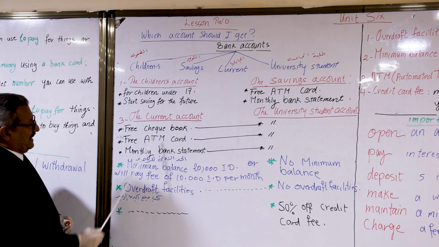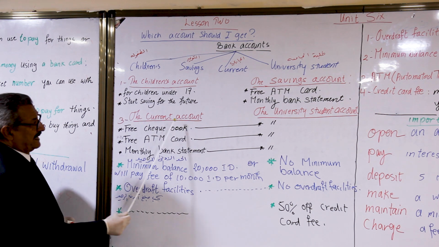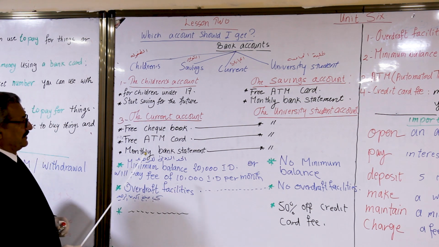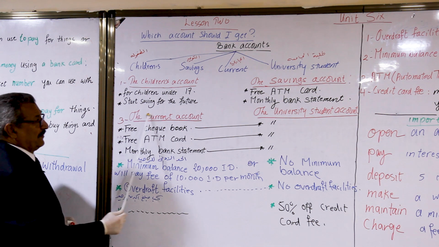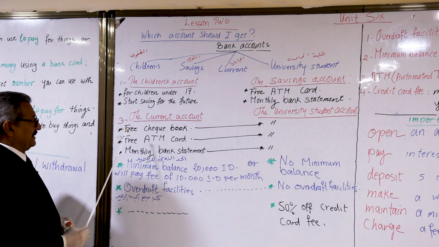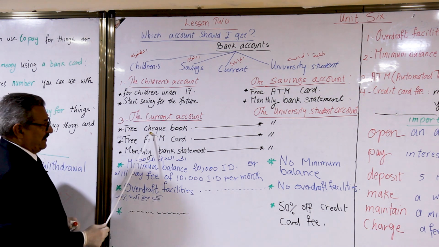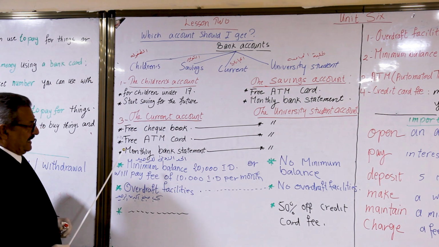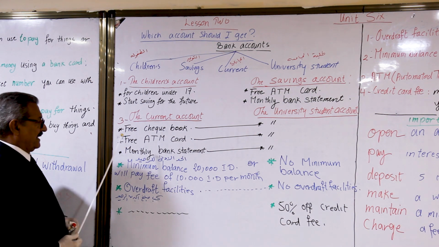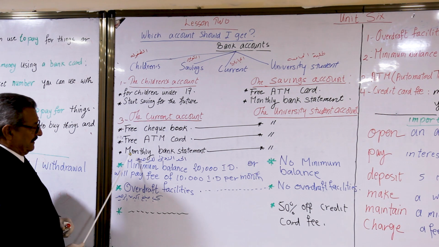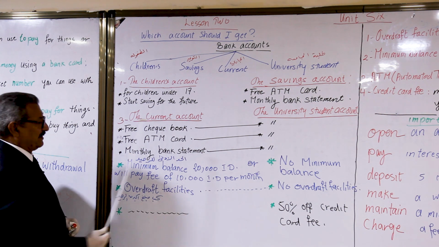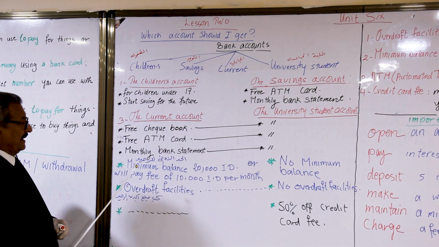What are the similarities and differences between the current account and the university student account? Both of these accounts are given a free checkbook (دفتر شيكات مجاني), free ATM card (بطاقة سحب مجانية), and monthly bank statement (وكشف حساب شهري).